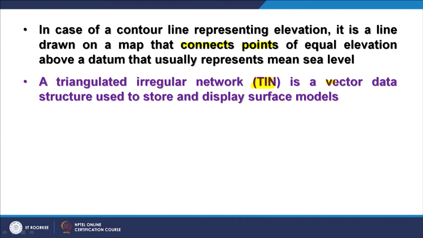Though here it is mentioned as vector data surface, truly it is not. This is neither vector nor raster, but in some way it is quite close to vector. So, sometimes we also mention that one.